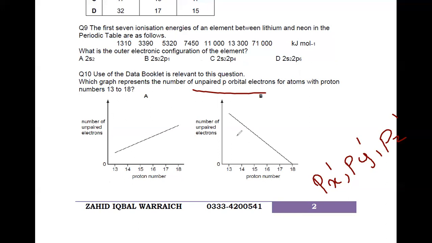Can somebody quickly look at the periodic table and tell me what elements they are? Khadija, open up the periodic table and very quickly tell me. Proton number 13, which element is it?